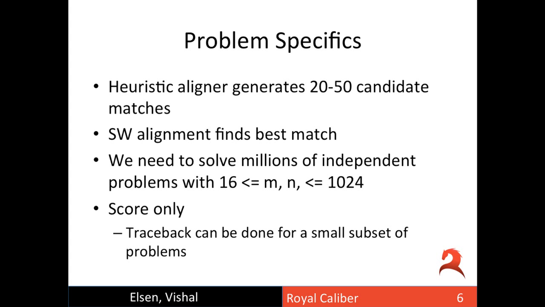But it turns out that it's much more expensive to compute the actual alignment compared to just the score of the alignment. So when we're first computing all of the matches, we compute only the score. We figure out which of the candidates was the best match, and then we can go back and actually compute how they line up, because that's much more expensive, so we want to minimize the amount of time that we do that.